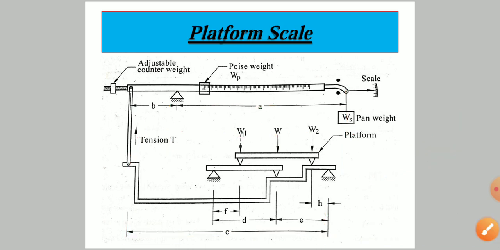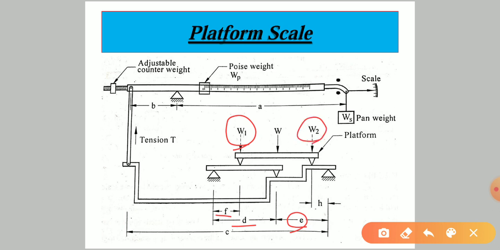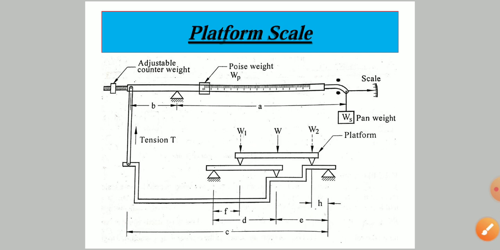W1 into F by D into E plus W2 into H. So what will happen over here?